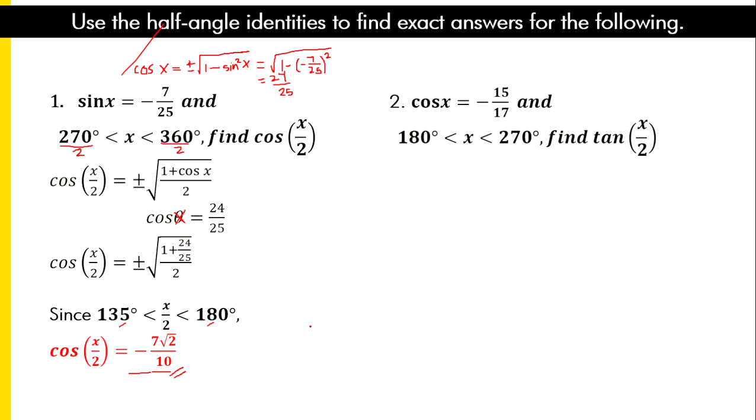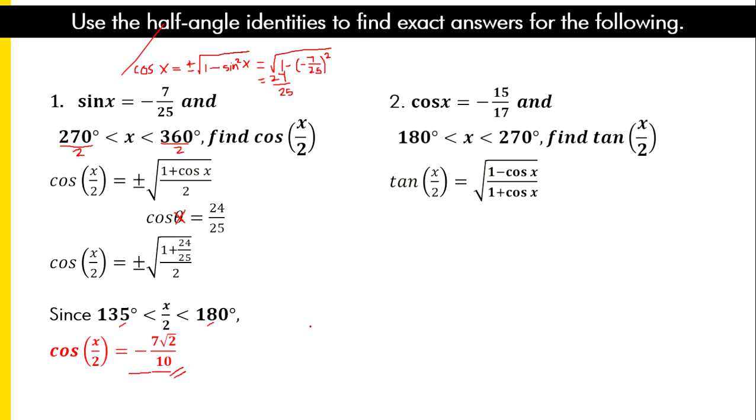So we have here cosine x equal to negative 15 over 17, and we need to identify the tangent x over 2. Actually, if we use our formula, square root of 1 minus cosine x over 1 plus cosine x, there's no need to identify the value of the sine. All we need to do is just substitute it, and then we'll obtain the answer.